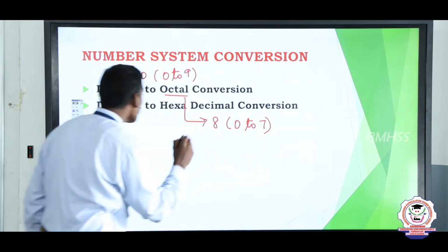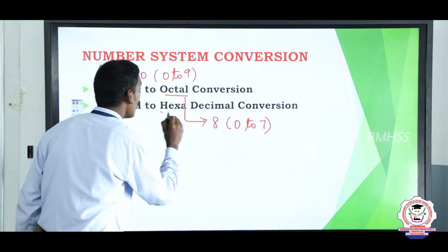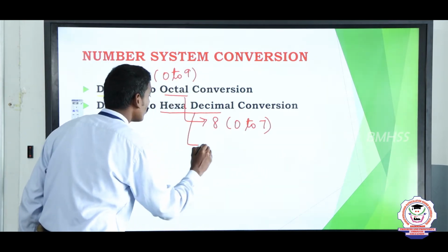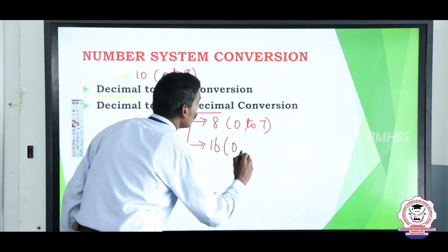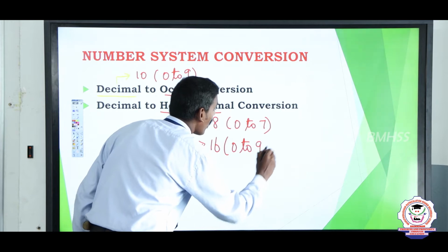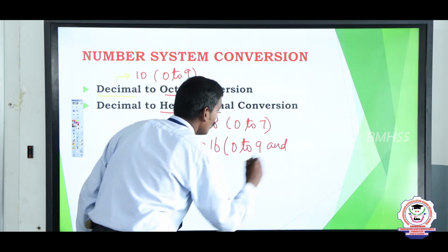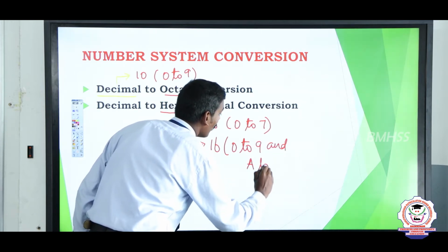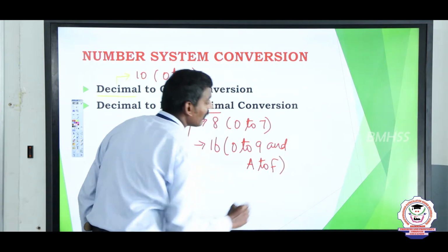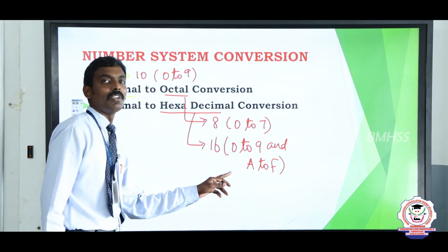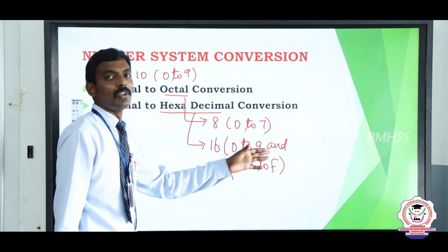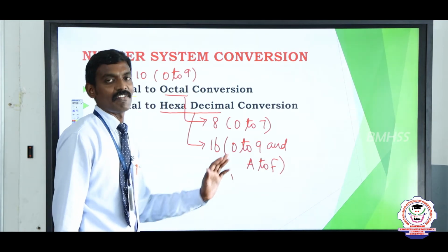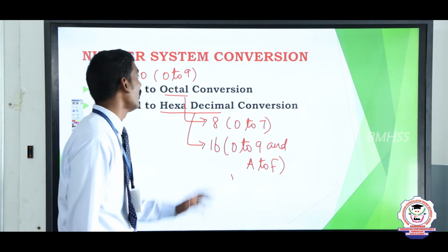In the same way, the base value of the hexadecimal number system is 16. The range is 0 to 9 and A to F. Already you know that A represents the value 10, B represents 11, C represents 12, and so on up to F. F represents the value 15.